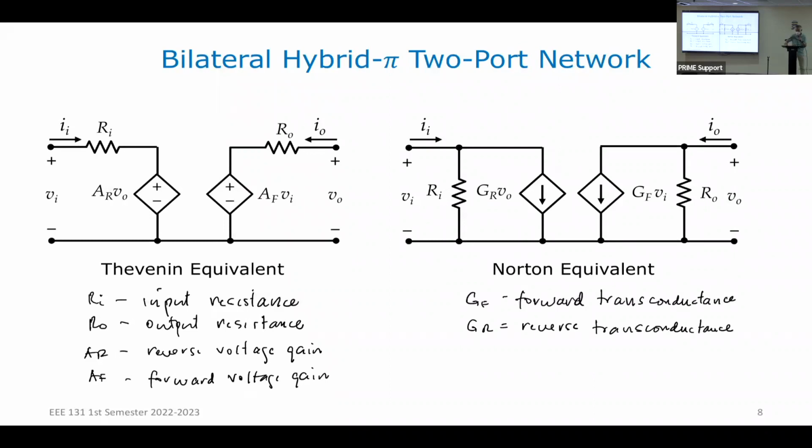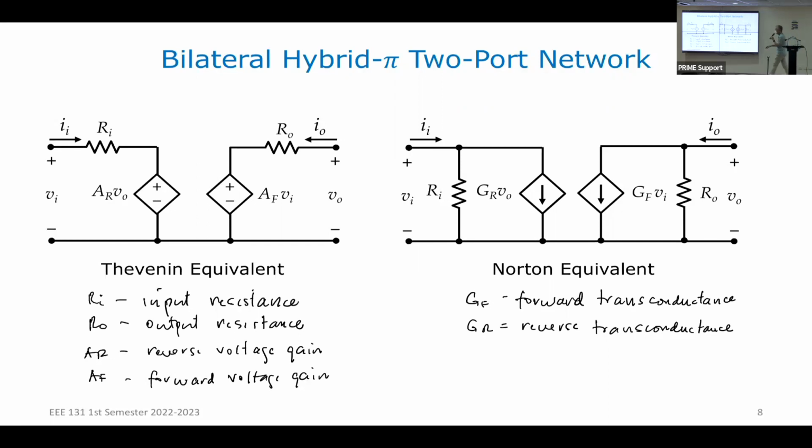Now, these are bilateral models. Ano yung sinabi natin na ibig sabihin ng bilateral? Do you remember? When do we say it's bilateral? Ang bilateral, ibig sabihin nun, if you will recall, the input affects the output, and the output can also affect the input.